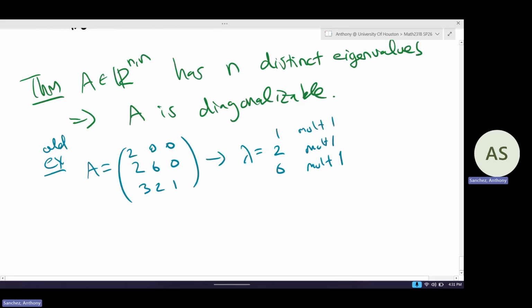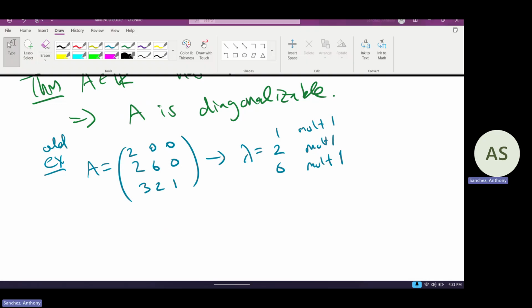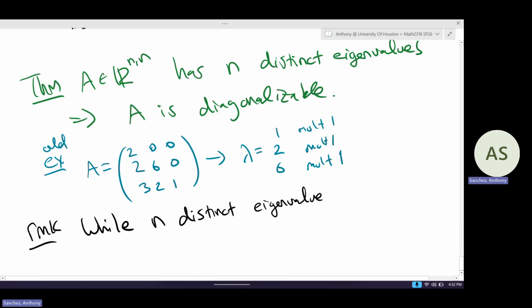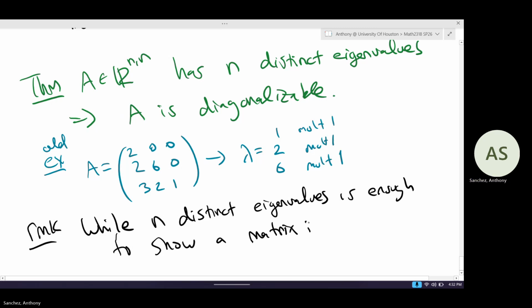On the other hand, a remark: while n distinct eigenvalues is enough to show a matrix is diagonalizable, it's not needed.